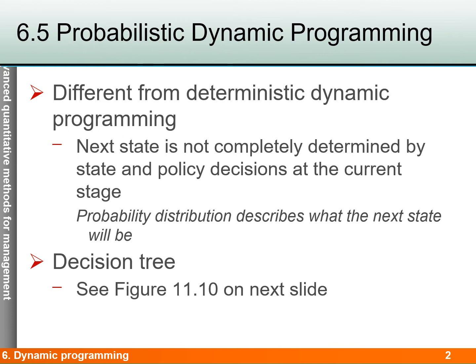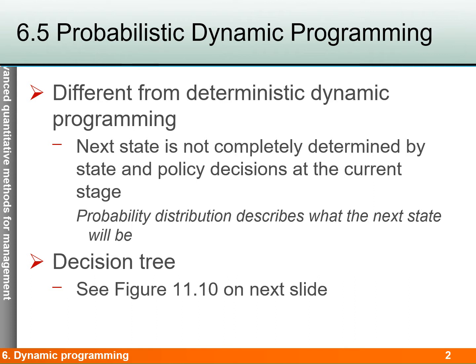As you remember, in deterministic dynamic programming, in stage n, based on the contribution of xn, what happened in stage n plus 1 was Sn plus 1. But here in probabilistic, the current state does not totally determine the state of the next stage.